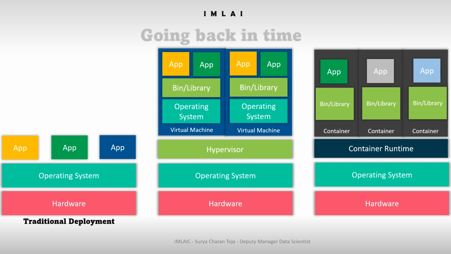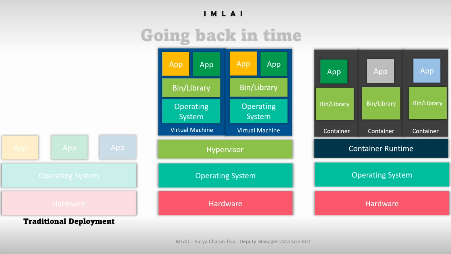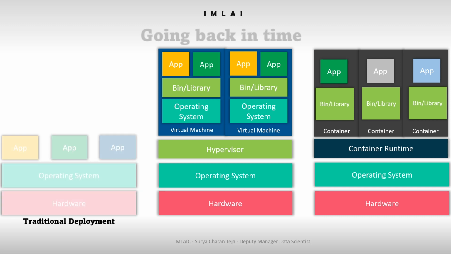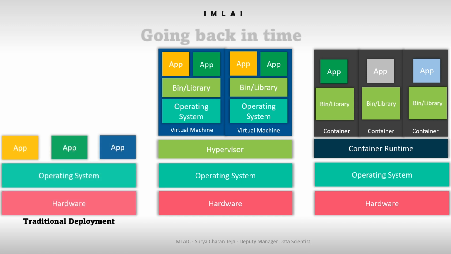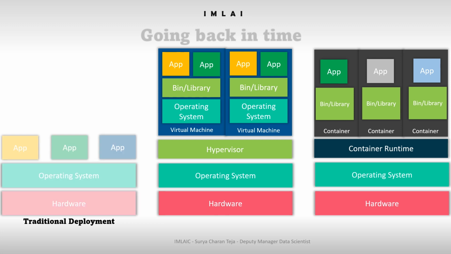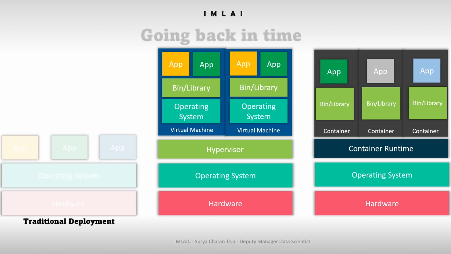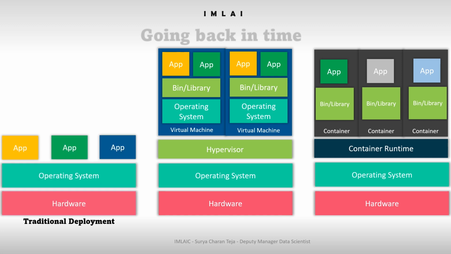So early on, organizations ran applications on physical servers. There was no way to define resource boundaries for applications in a physical server, and this caused resource allocation issues. For example, if multiple applications run on a physical server, there can be instances where one application would take up most of the resources, and as a result the other applications would underperform.